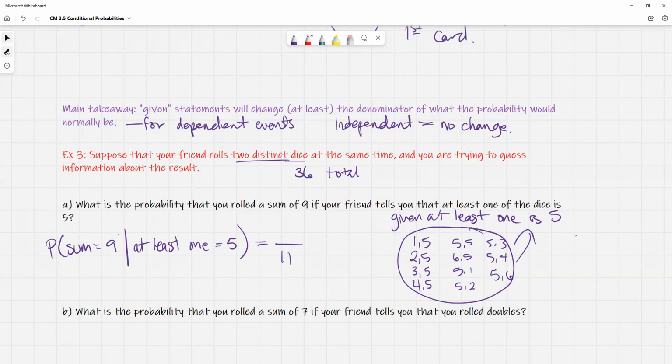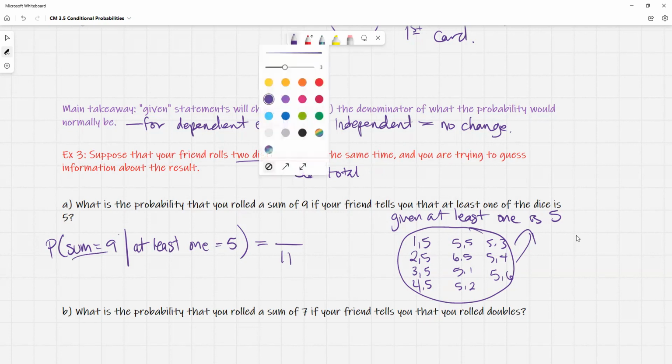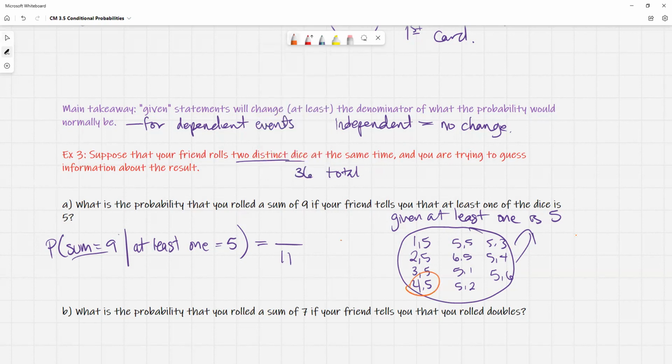Out of these, how many give us a sum of 9? The 4 and the 5, and the 5 and the 4. Those give us a sum of 9. We can double check to make sure. Yes, those are the only ones. So my answer is 2 out of 11.